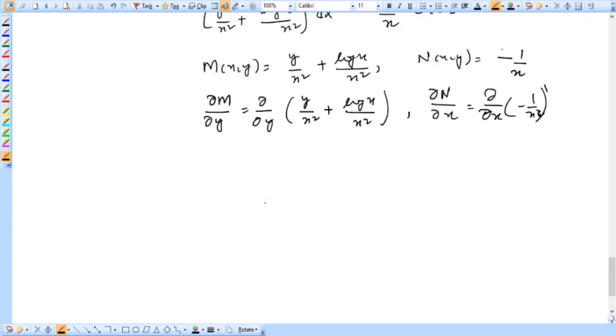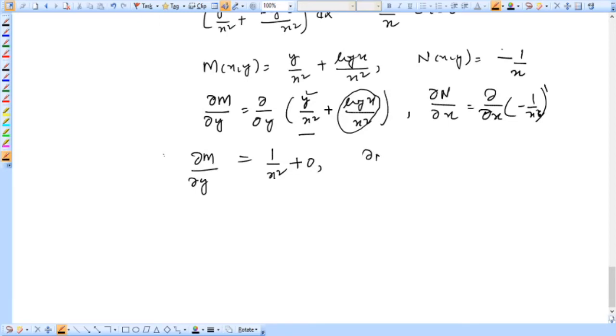So now you see, ∂M/∂y is equal to the differentiation of the first term with respect to y, which would be 1 over x square, because x square is treated as a constant when differentiating with respect to y. The second term is independent of y, therefore it is equal to 0.